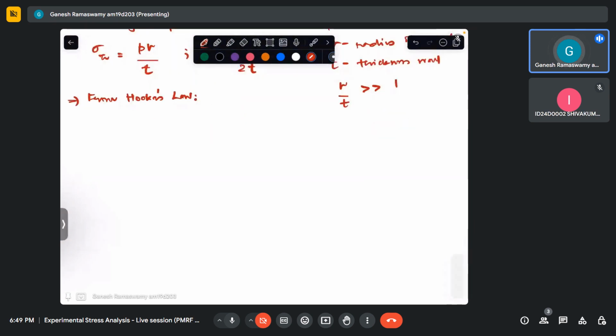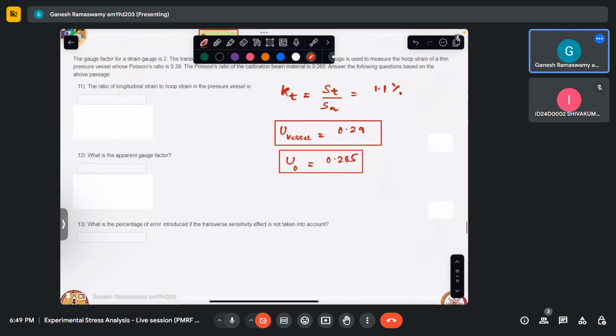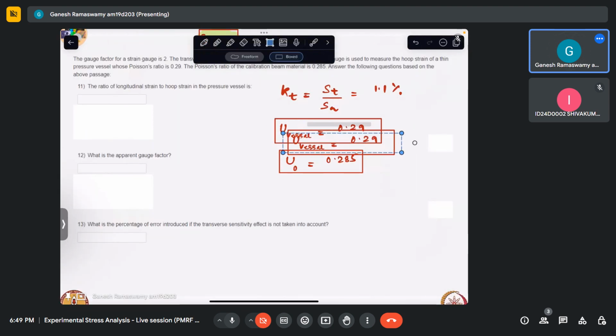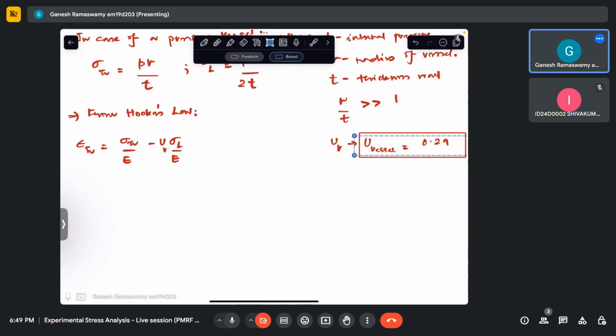The hoop strain is given as hoop stress by E minus mu V, the vessel's Poisson's ratio, times longitudinal stress by E. Mu V is this; this is to be kept in mind.